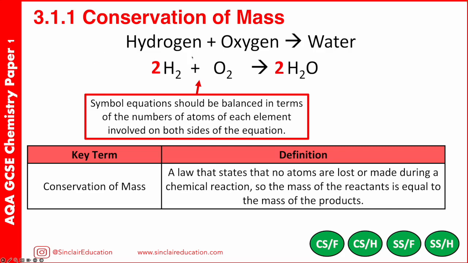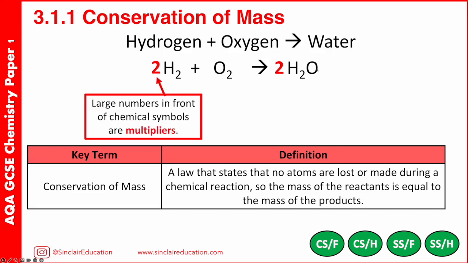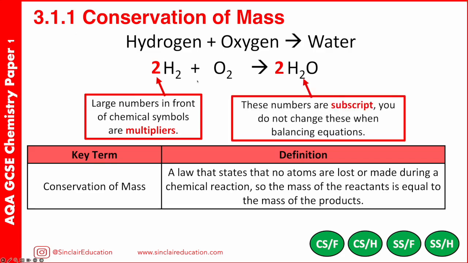So in this case, we need 2 H2, so 4 hydrogen atoms, and 2 oxygen atoms, making H2O, but 2 lots of it. But notice we've still got 4 hydrogens coming out and 2 oxygens coming out. Now these large numbers in front are known as multipliers, and what they do is multiply everything by their value that follows it immediately.